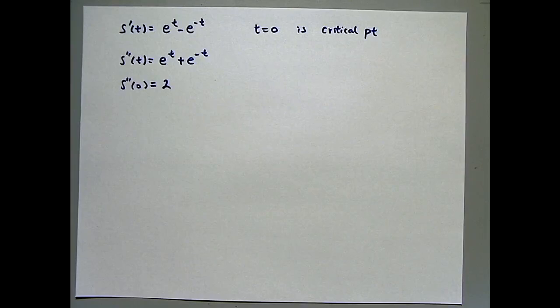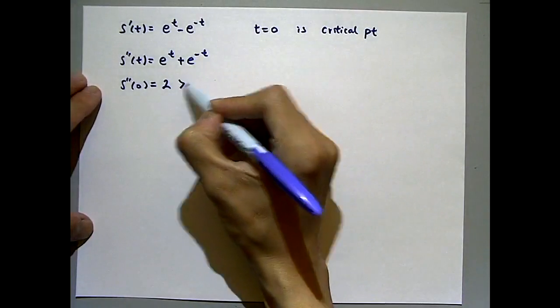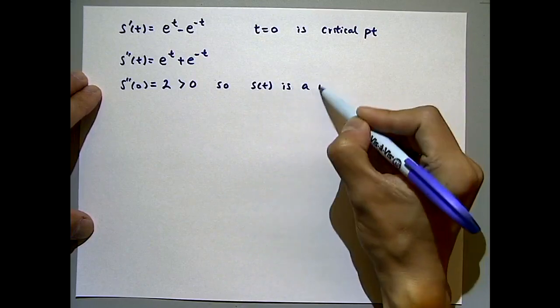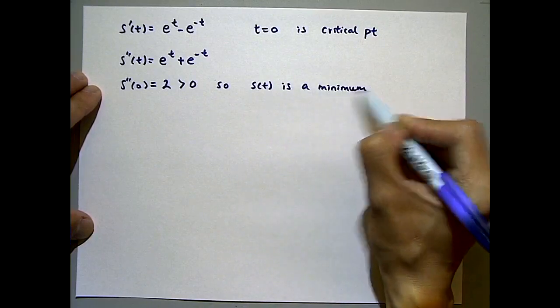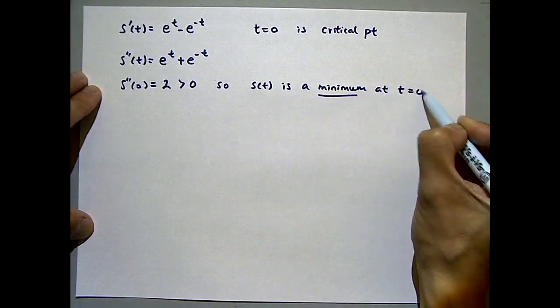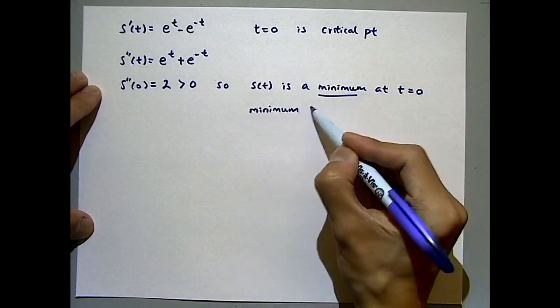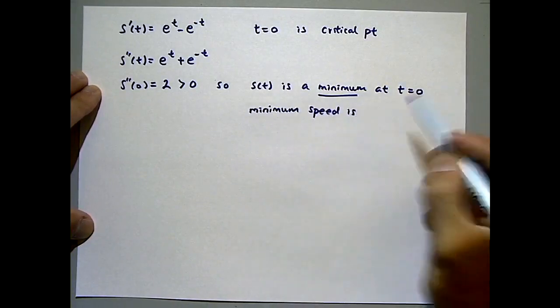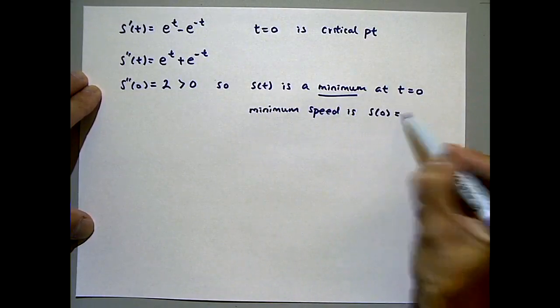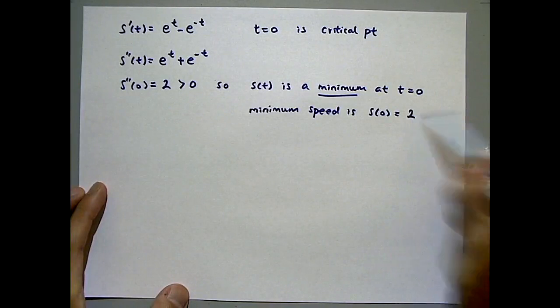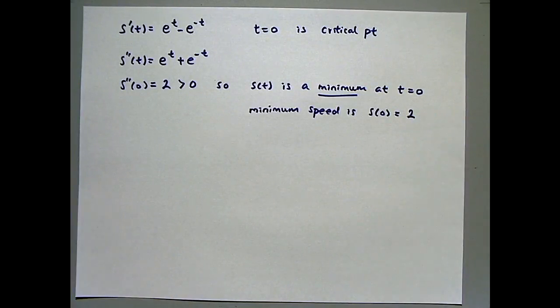What does that mean? Concave up, so therefore we have a minimum. Very good. So s of t is a minimum at t equal to 0. And that means the minimum speed is s of 0, which is equal to 2, right? 2 feet per second, miles per hour, whatever the units are.